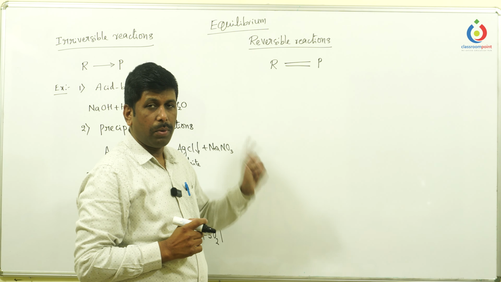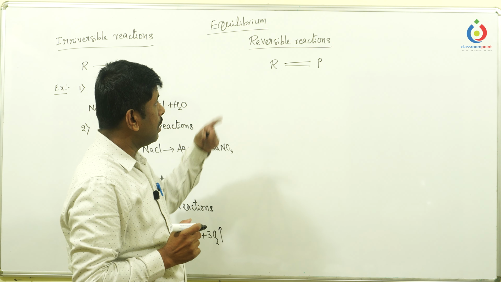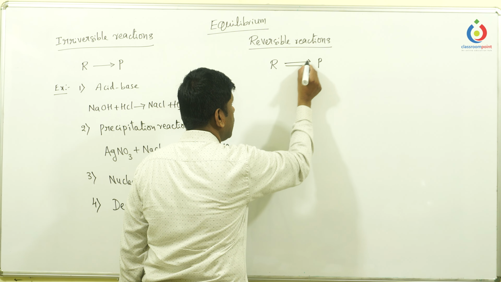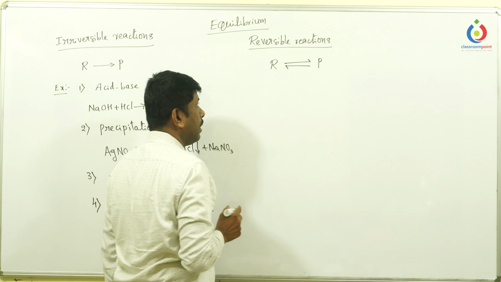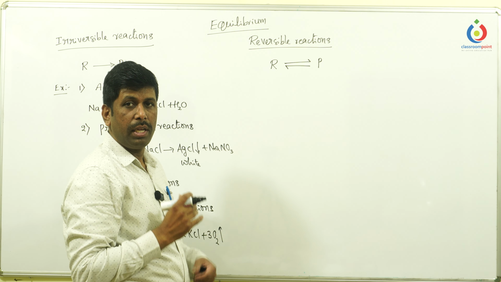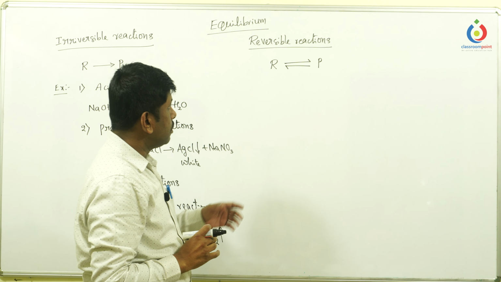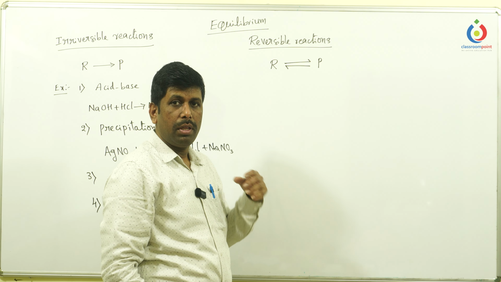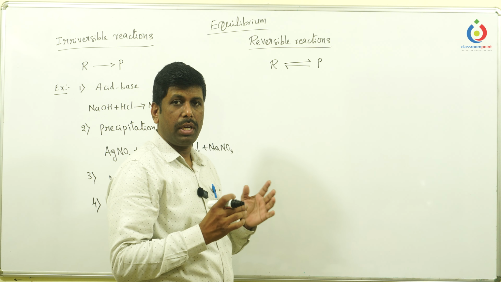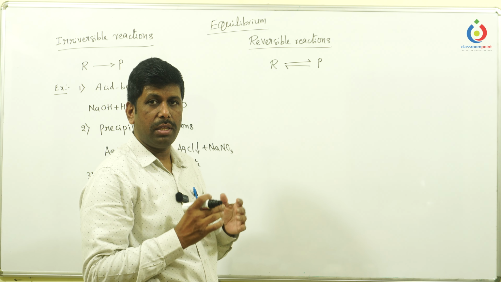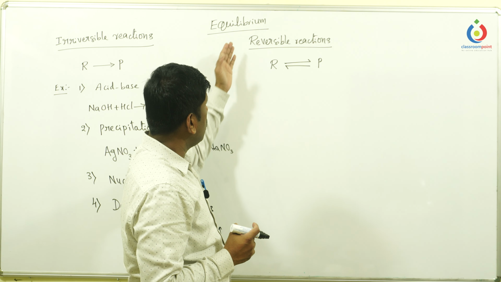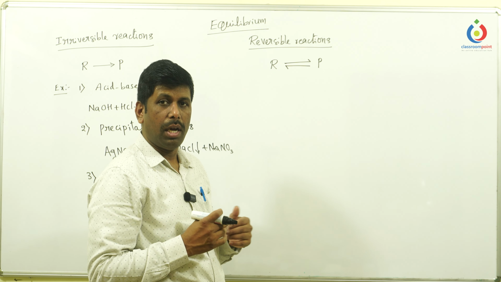Since both side processes are possible, these are called reversible reactions, and they are indicated by using the half-headed arrow marks pointing in opposite directions. In such reversible reactions, both reactant and product coexist in the reaction vessel. So for such a process, the equilibrium stage can be attained.